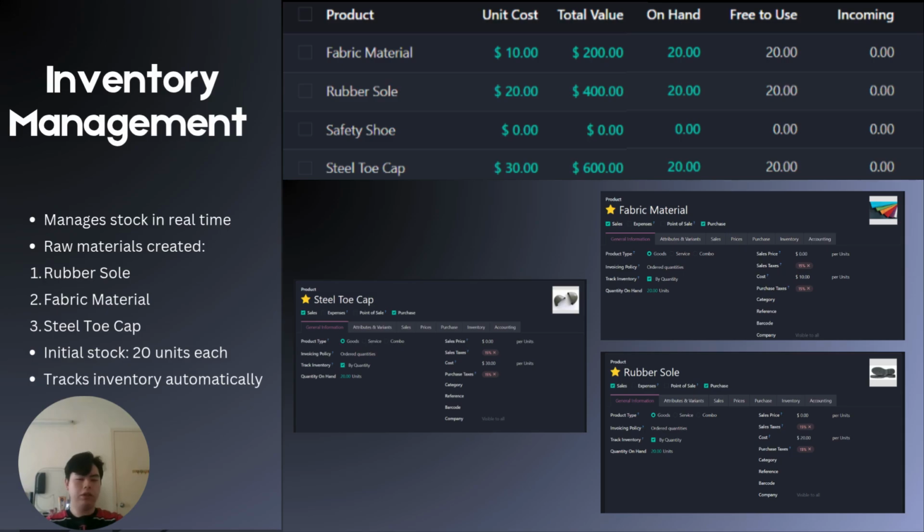Before the manufacturing process began, each material was initialized with a quantity of 20 units, allowing the system to automatically track inventory movement when materials are consumed or finished products are produced. During manufacturing, Odoo updates stock quantities automatically based on inventory transactions, reducing manual work and improving accuracy. This enables the company to maintain proper stock levels, avoid shortages, and enhance operational efficiency.